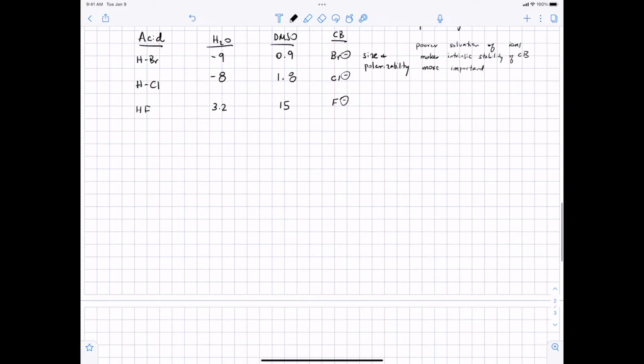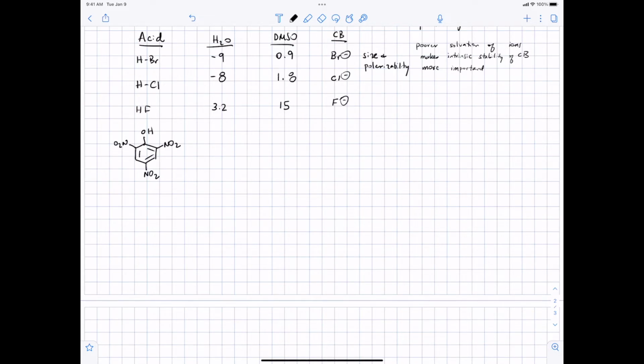All right, I'm trying to think of some other examples to illustrate this. I said before that if the conjugate base is highly conjugated, if it's stabilized by resonance, then solvent differences don't matter as much.